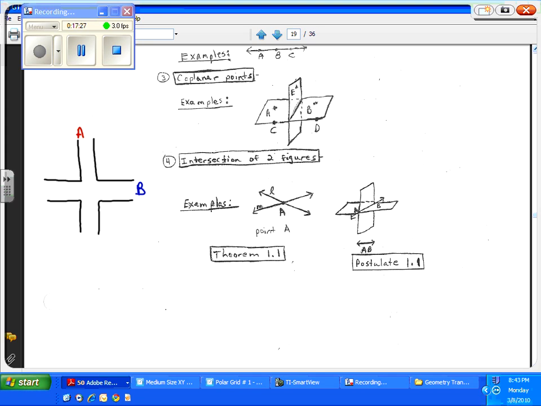We might call this road, road A, and this road, road B. And we could say there's a car X that is on road A, but it's not on road B. And there's a car Y that's on road B, but it's not on road A. And I could ask the question, where is the intersection of A and B? Most students would say, well, the intersection is where 2 things hit.